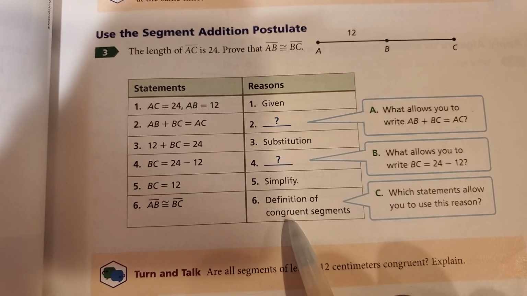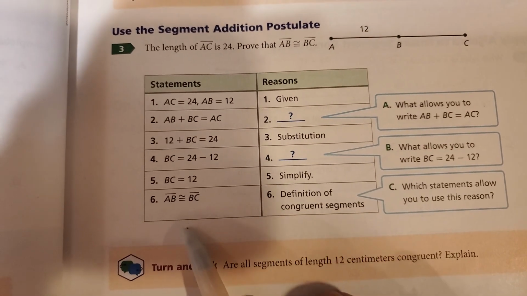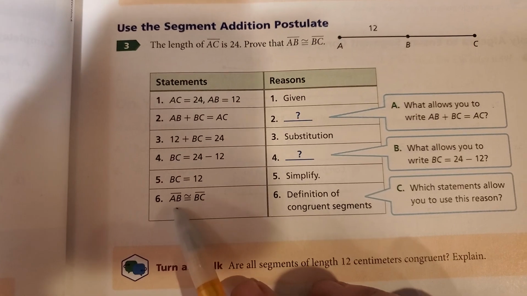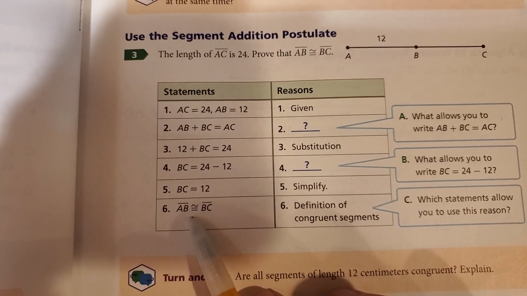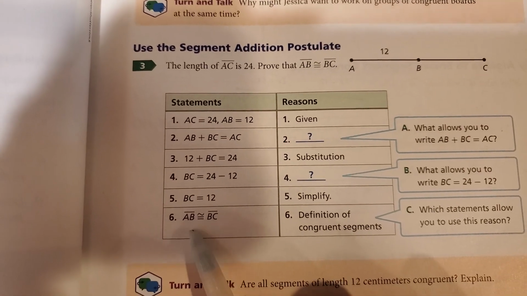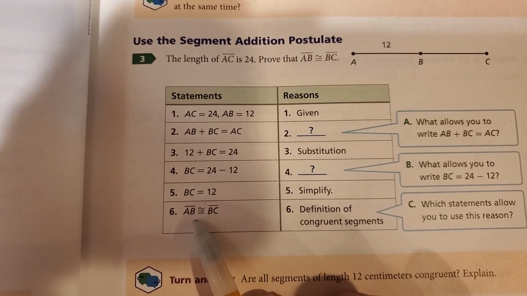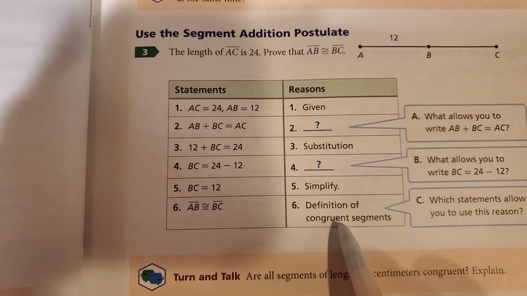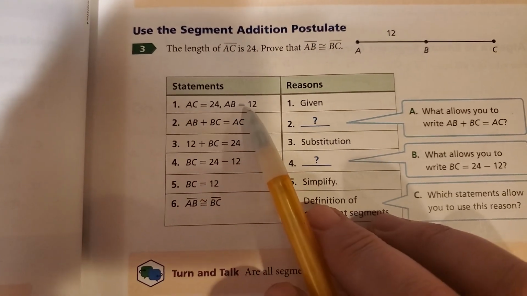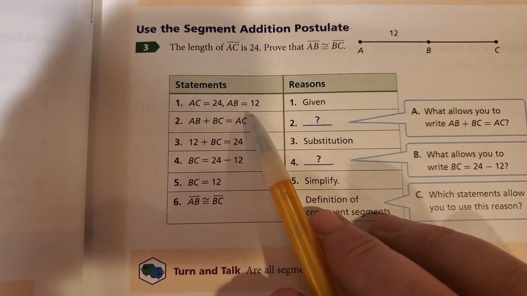Now the definition of congruent segments normally in a proof is used just to either convert from saying these are congruent to saying they're equal, or vice versa. If they're already equal, then you could convert it to saying they're congruent. But in this case, we're using that definition because up here in step 1, it said AB was 12.